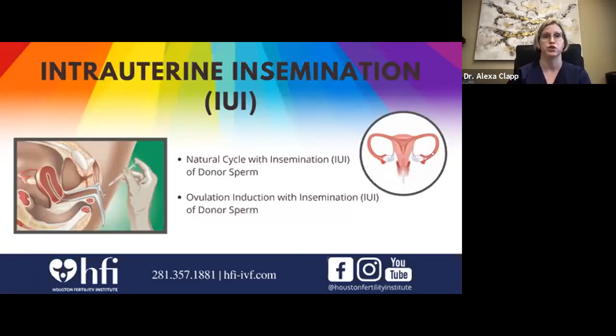What the pills do is trick your brain into stimulating your ovaries to grow a follicle. At the monitoring visits, we essentially measure the diameter of the follicles that grow. Once a follicle reaches a large enough size, we would trigger your ovulation and do the insemination.